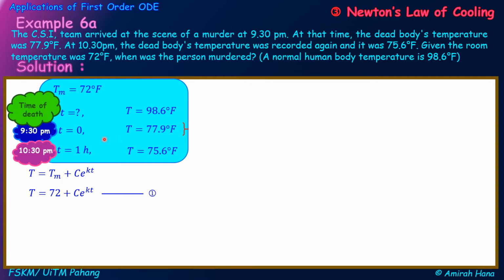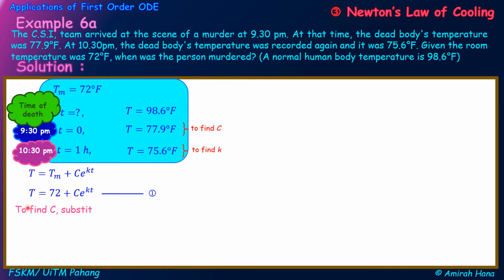Then we can name it equation 1. Then we substitute when T = 0, temperature = 77.9 degrees Fahrenheit into equation 1 to find C. And we can substitute the last row to find K.